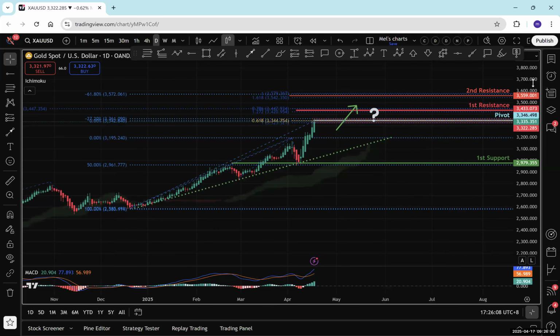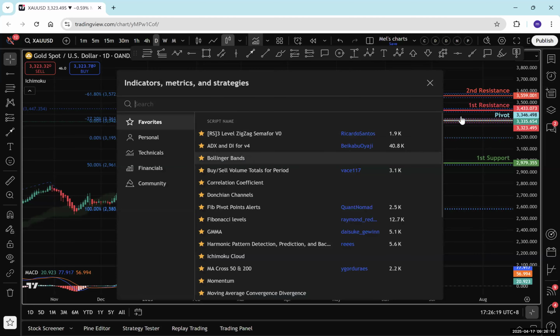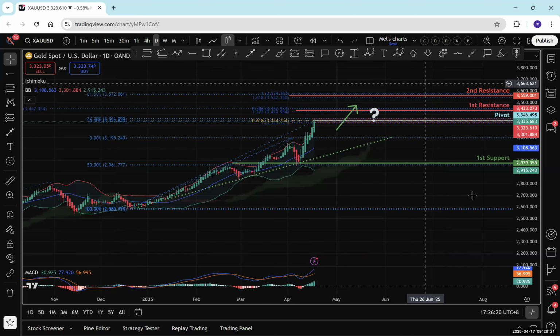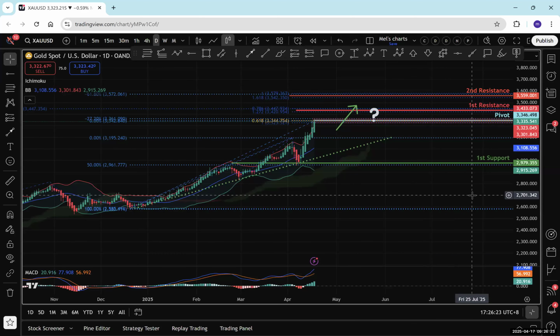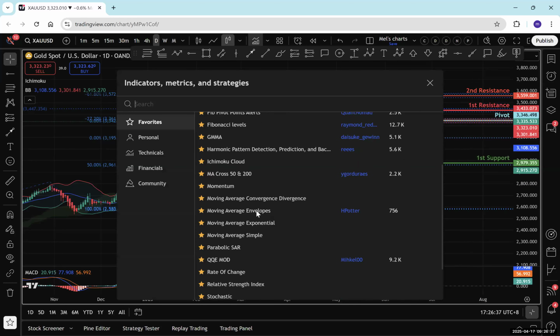Okay, your prices are moving above the cloud, so it is giving us a bullish signal. MACD you can see is also giving us a bullish signal. Now let's look at Bollinger Bands. Bollinger Bands, you can see prices pushing above that upper band, so that's also a bullish signal there. Next, let's look at our moving averages.